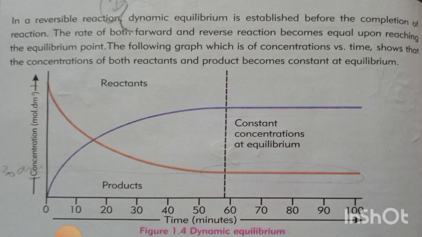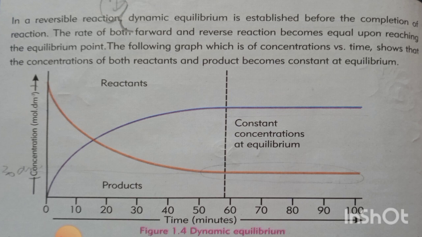As you can see, the product line is showing that as your time is increasing, your product formation starts to increase. And you should know that in the starting the product formation is actually higher. The product concentration will start to increase quickly and the reactant concentration will start to decrease quickly.